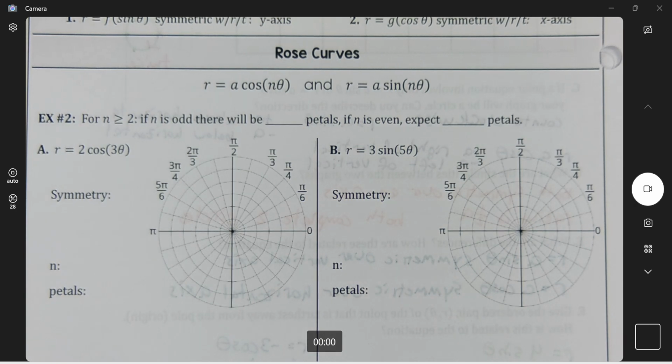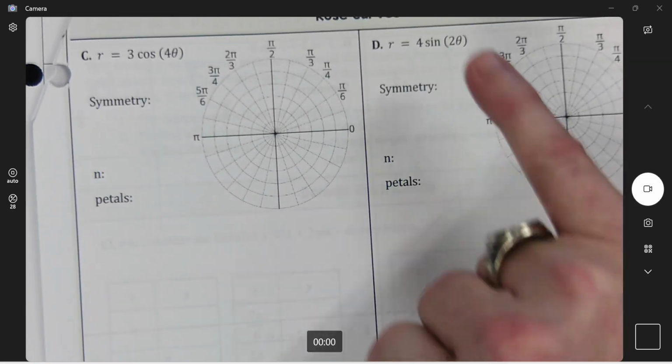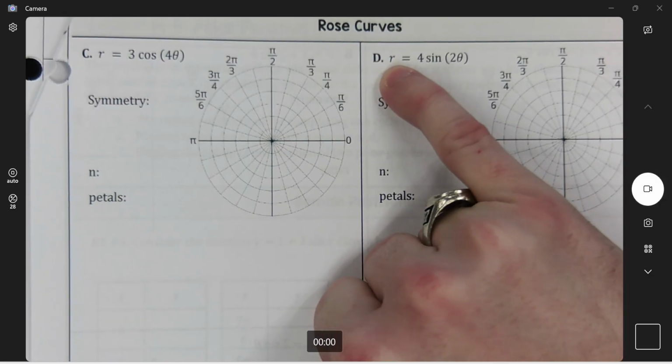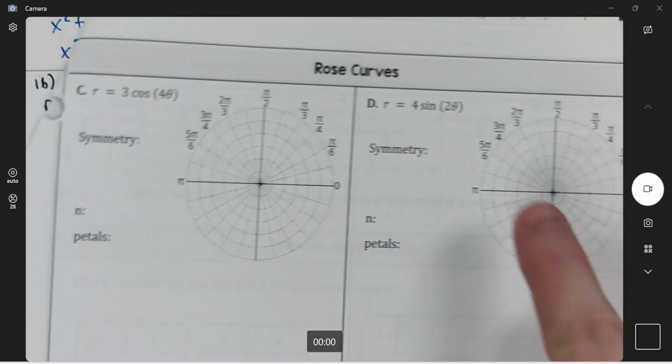That way we know that we can trust it rather than just going off of, well, Mr. M said so. You guys cool with that? But we really are only going to have time to get through two examples. So I am going to do example 2A and example 2D. The reason is that 2A has a cosine in it, and 2D has a sine in it.